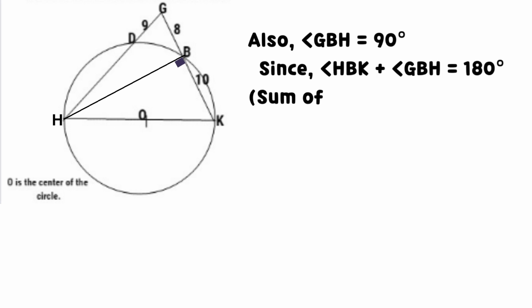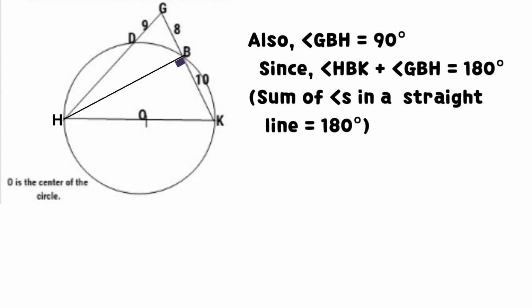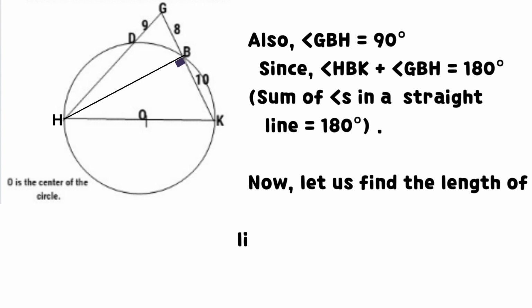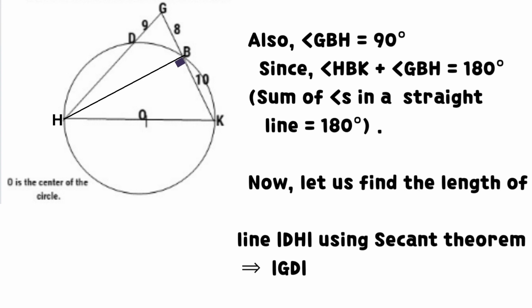Also, angle GBH equals 90 degrees, since the sum of angle HBK and angle GBH equals 180 degrees. It is because the sum of angles in a straight line equals 180 degrees.